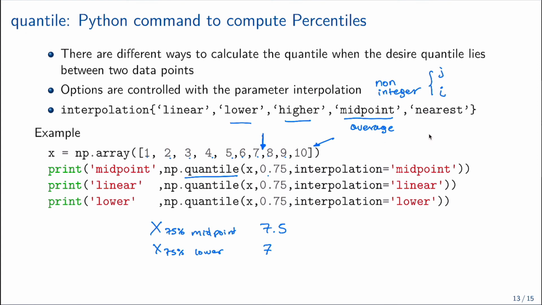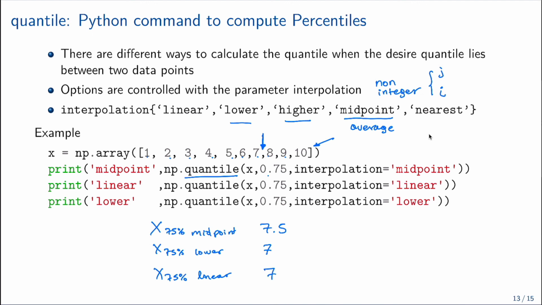Finally, the linear, x75 linear, and the linear is defined in the following way. We have two positions, the low and the high position, and we have the distance between the two. So we start with the low position, which corresponds to the value of 7.